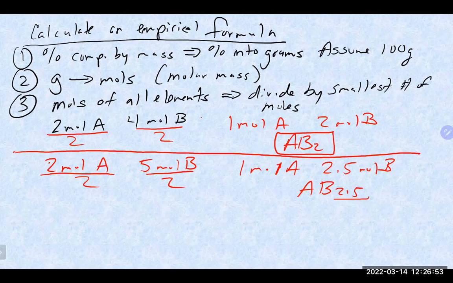Can I have 2.5 of B? I cannot, right? They do need to be the simplest whole numbers. So this sometimes happens when you divide by the smallest number of moles: you don't hit a whole number.